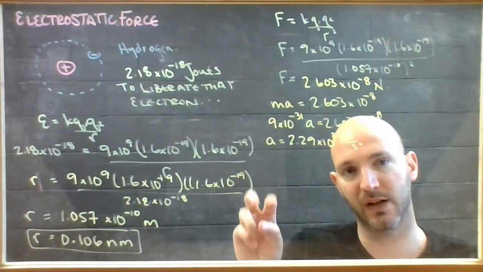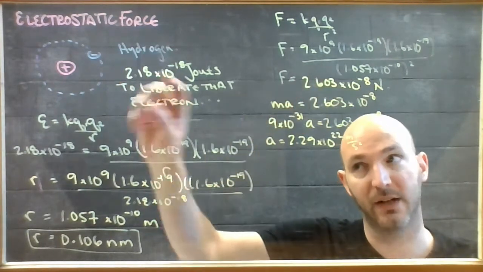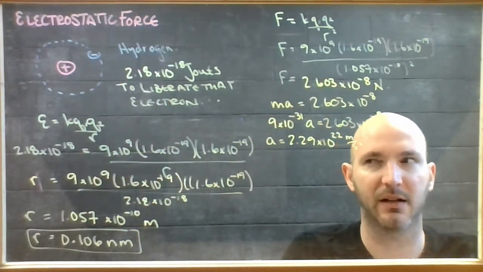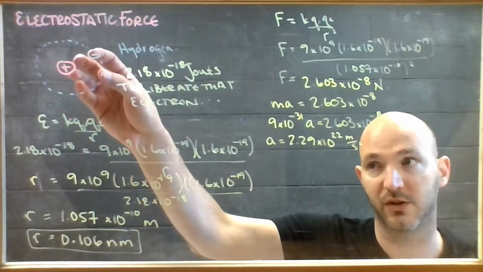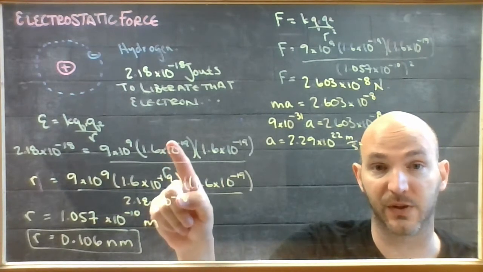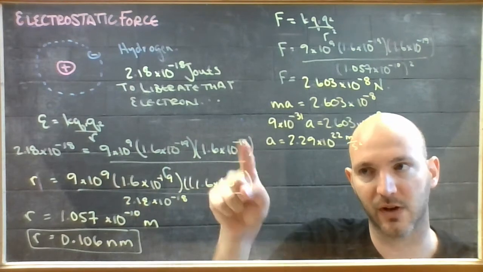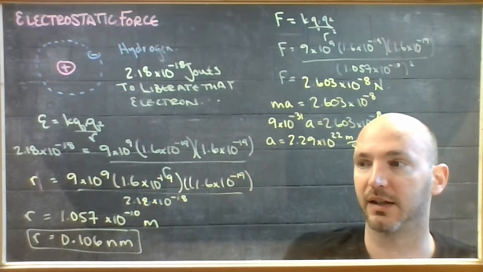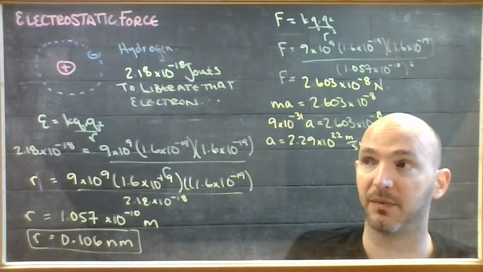So the first question asks you to take 1 electron away while another electron is still there. So there's a combination in here of what the charge should be. So all those words in there are just telling you what to use for Q. Don't think too hard about it. You just drop a number in here, drop a number in there, and off you go. The calculation should be just as straightforward as that is. So I will leave you to it.